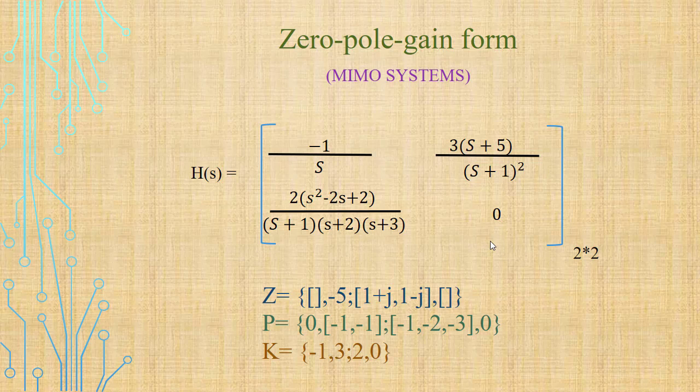And H22, we have here just 0. Also for gains, for H11, we have minus 1, H12, 3, H21, 2, and for H22 also 0. Now we go to Matlab and define our MIMO system.